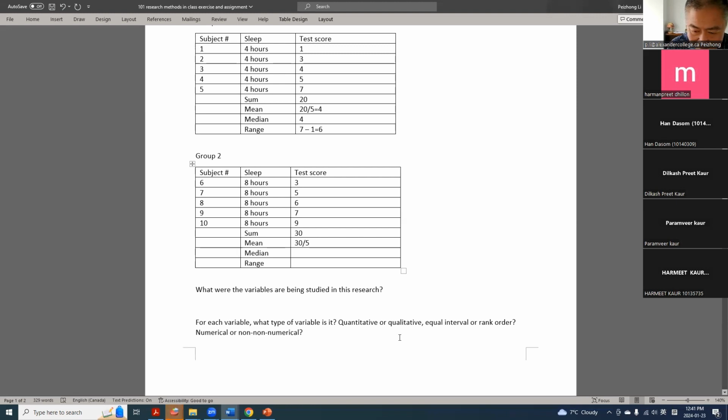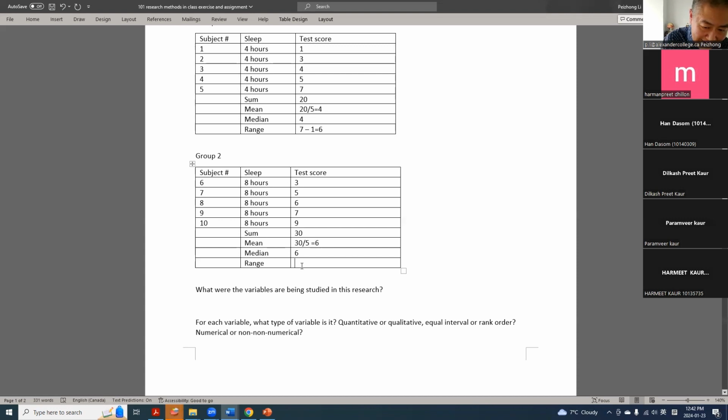Oh, you guys are good at math. 6, yeah, the mean is 6. And then how about the median? Right in the middle, this guy is here, 2 below it, 2 above it. Median 6. How about the range?